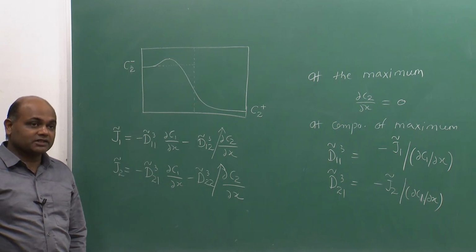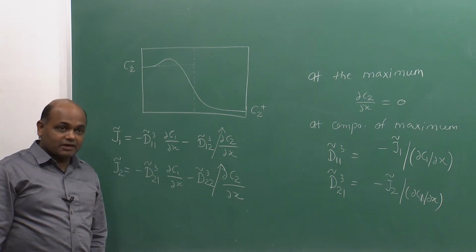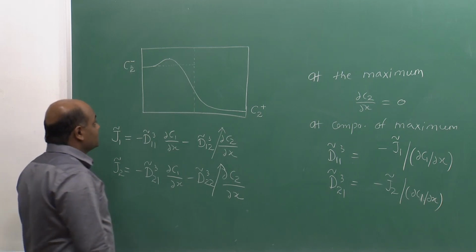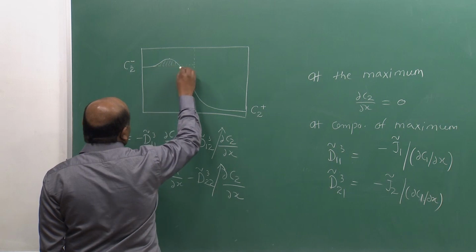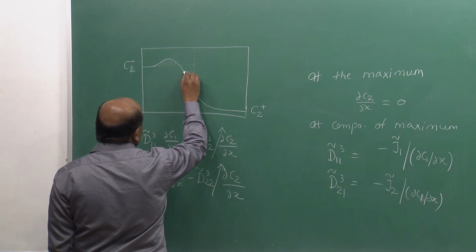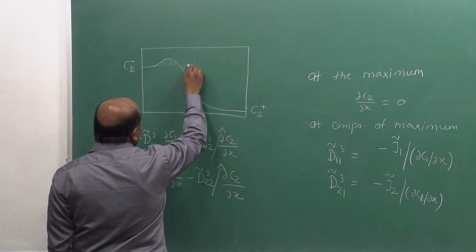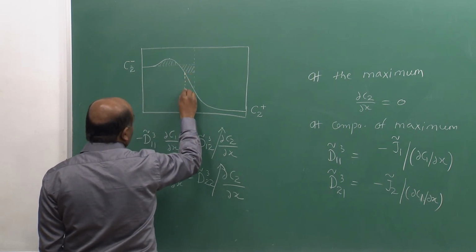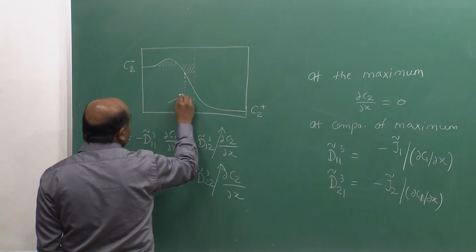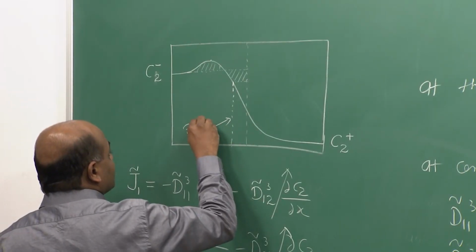It is not necessary that there will be, but there may be, and we know how to find it. So, we find the area under this peak here, and we find an area on the right hand side such that this area equals this area, and we know that the zero flux plane will be here. So, this is the ZFP for 2.